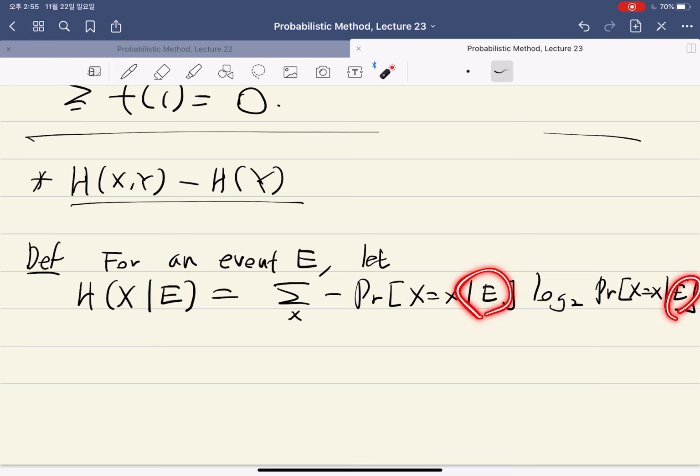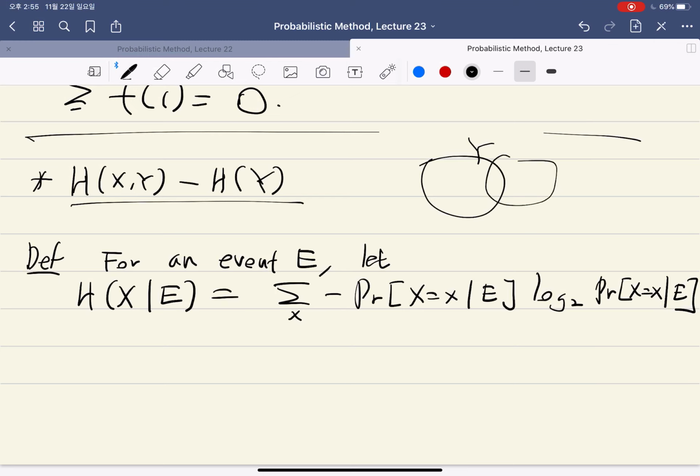Inside of this smaller space, you compute the entropy. Now, y gives us some information and x gives us additional information, and we want to measure this. That means once y is given, the entire probability space is shrunk into a subspace, which is E. And there we want to measure how much further it can shrink by x.